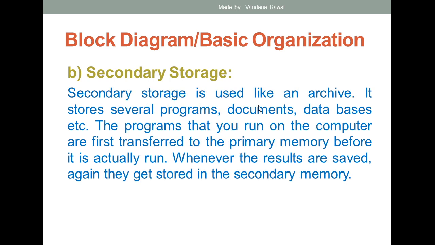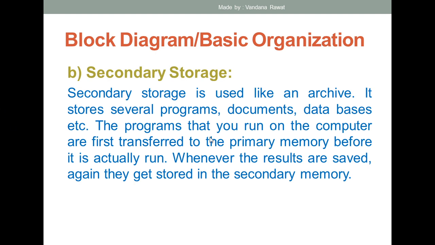Secondary storage is used like an archive, which means it stores several programs, documents, databases, files and folders in secondary storage devices like the hard disk, CD and DVD. So these all are secondary storage devices.